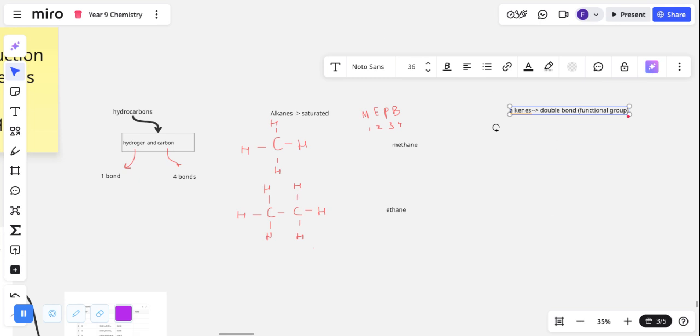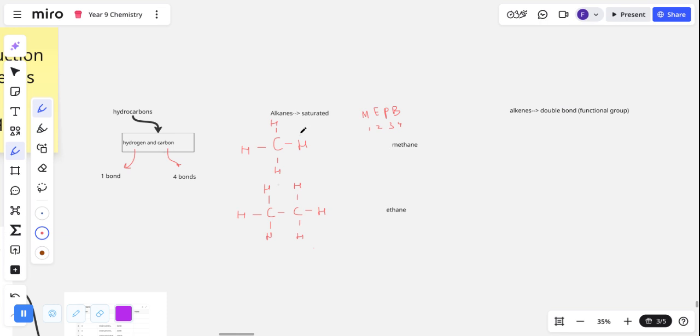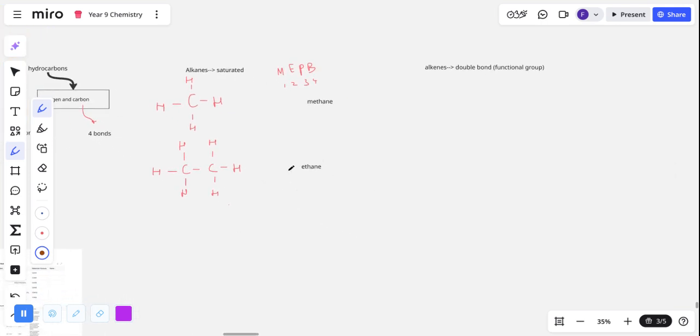What I mean by a double bond, and the funny thing is you can't have a double bond with 1 carbon. You must have 2. Let me just change colour. We start down here at 2 carbons. So double bond means I've got 2 carbons, and there's my double bond.